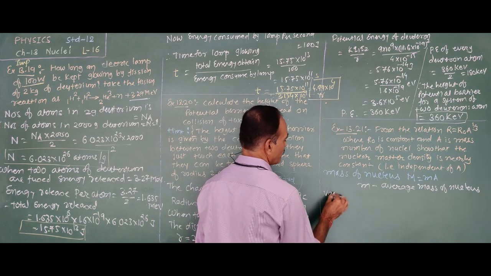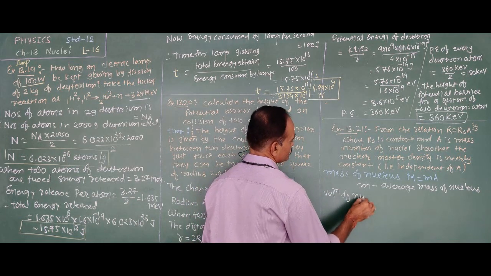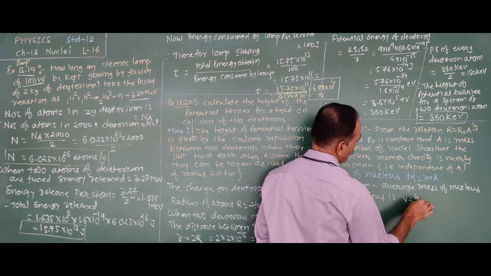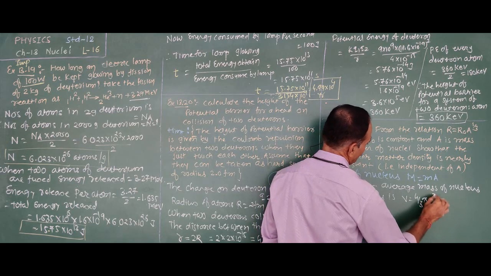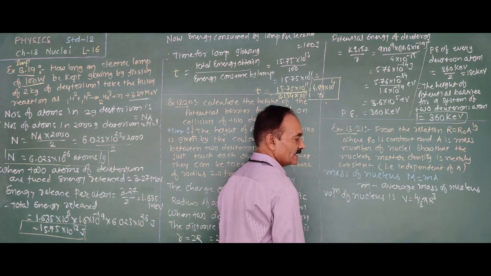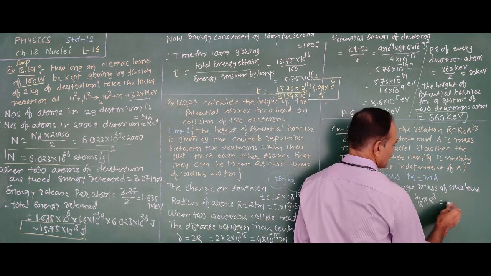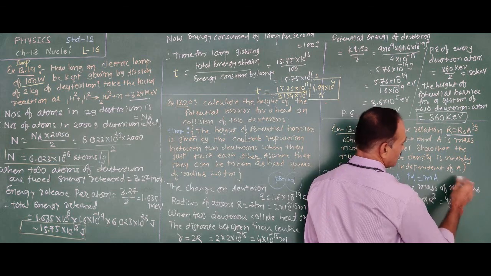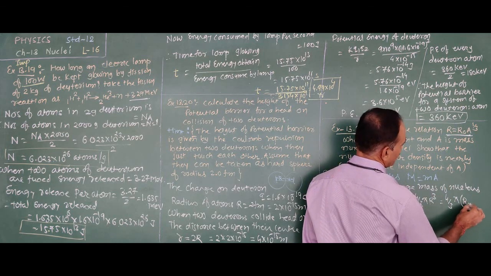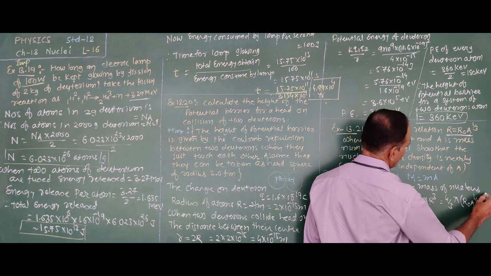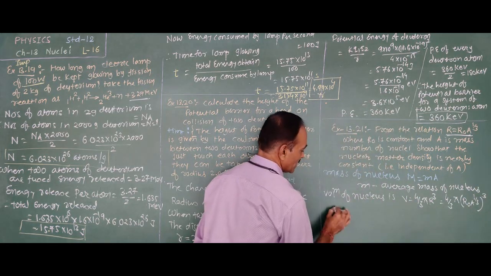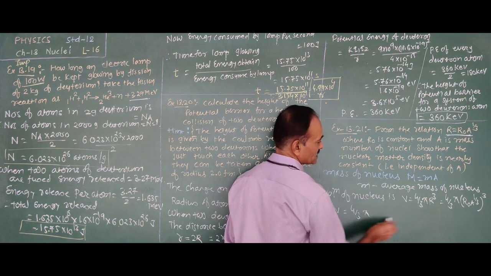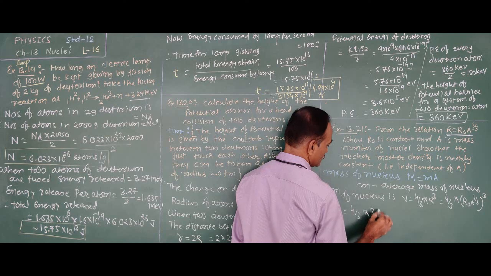And the volume of the nucleus is V equal to 4 by 3 pi R cube. Now we know that R is equal to R0 A to the power 1/3, whole raised to cube. Therefore, volume V is equal to 4 by 3 pi R0 cube into A.